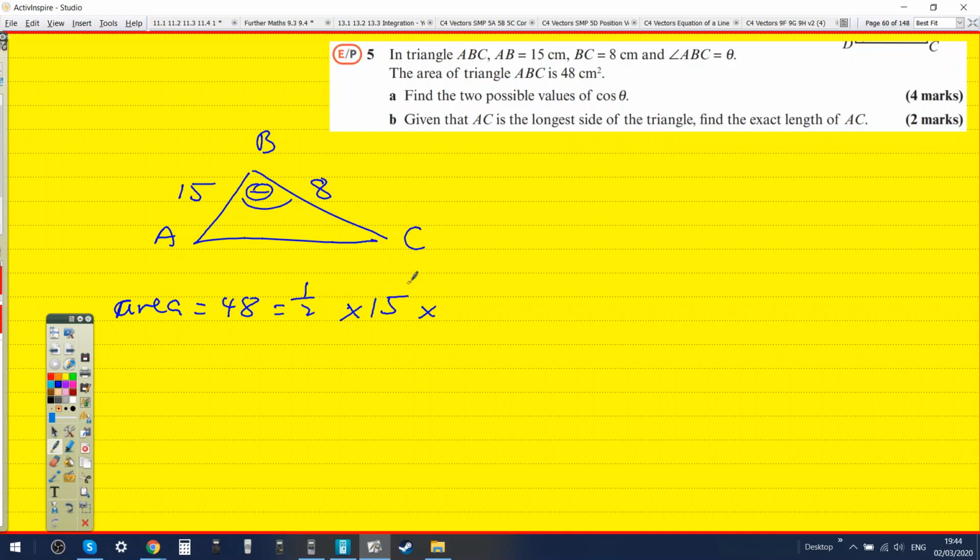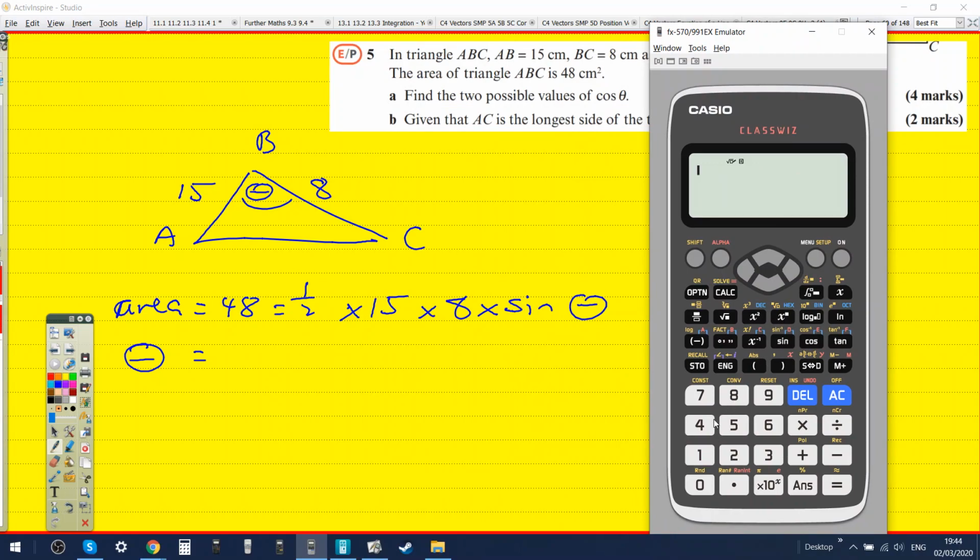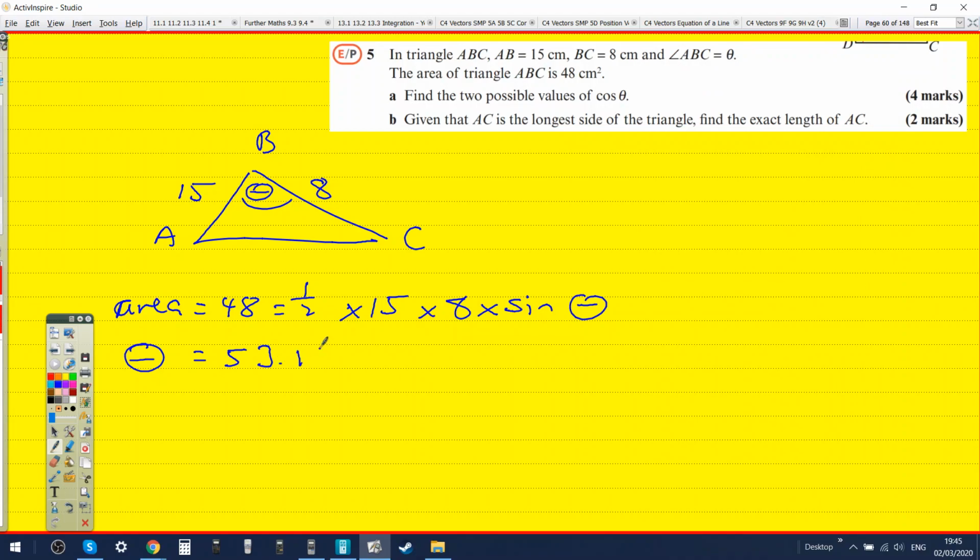Okay, let's do this one. If I find out what theta is, it says theta is 53.130.